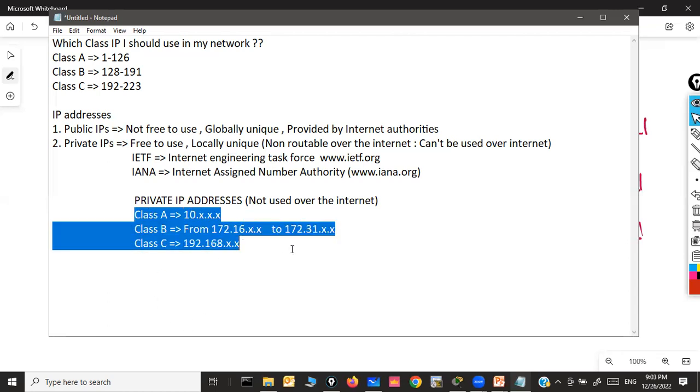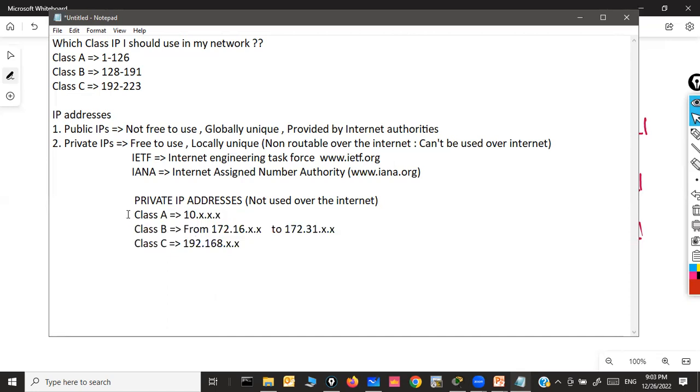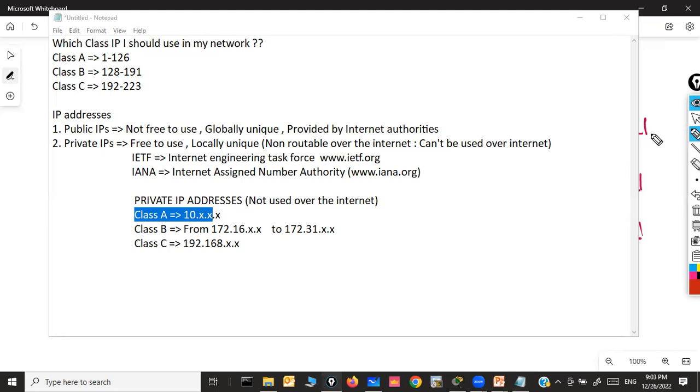These three classes have reserved IPs. You will not find these addresses assigned to any server or any device over the internet, right? You'll never find IPs from these ranges, or starting with 10, over the internet. They are absolutely for private network purposes only, private IPs.